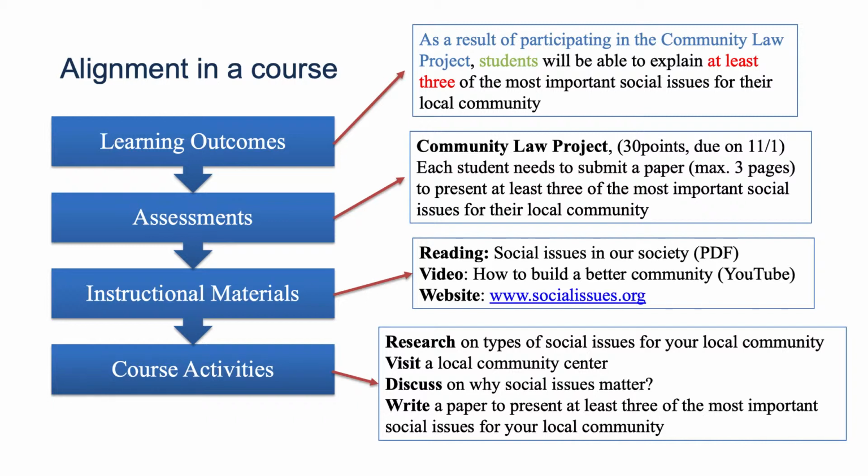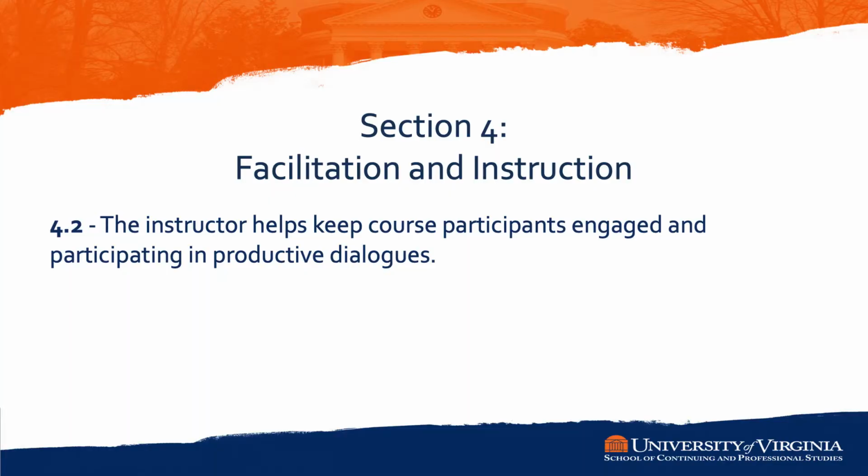Also, instructor has a research project on types of social issues for your local community and online discussion on why social issues matter. As you can see, in this example, learning outcome, assessments, instructional materials, course activities are well connected.